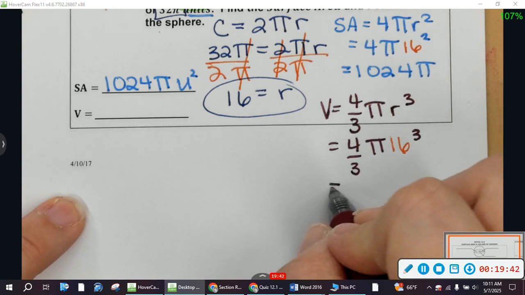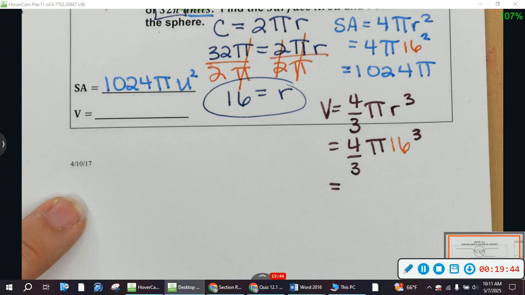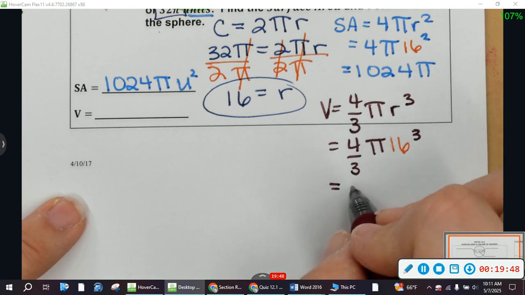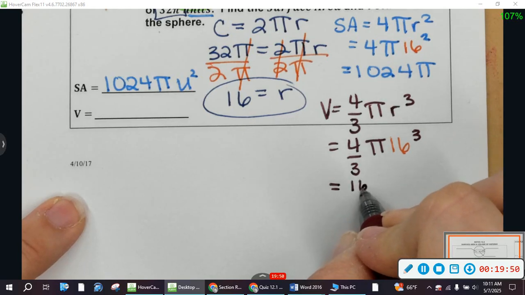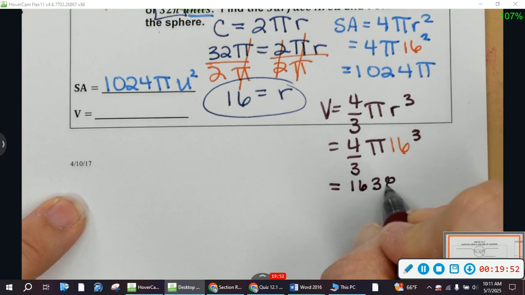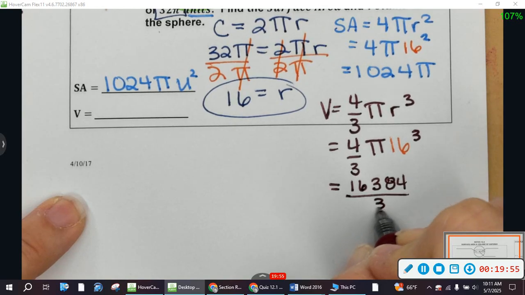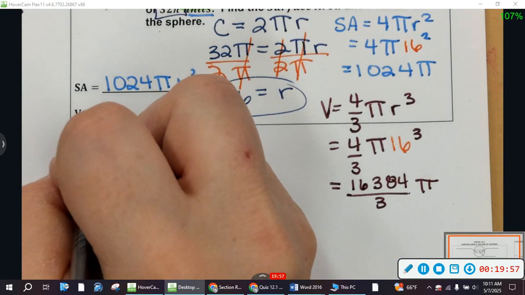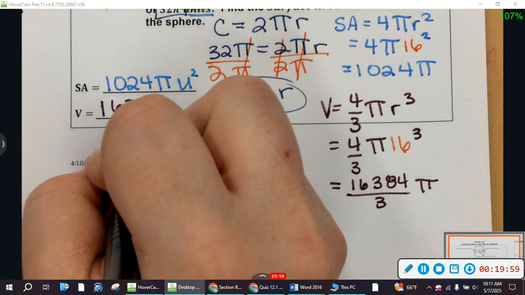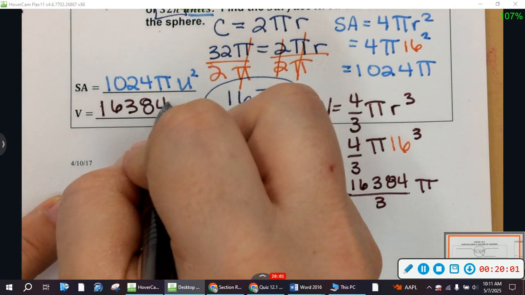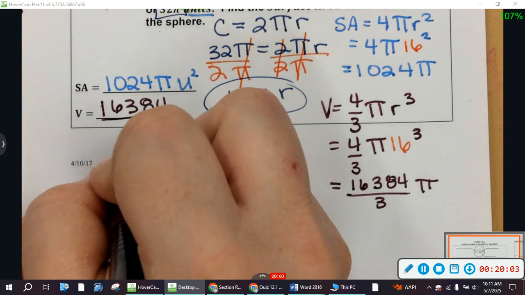That'll help make your answers for sure easier. And that one's also a crazy fraction of 16,384 over 3 pi units cubed.